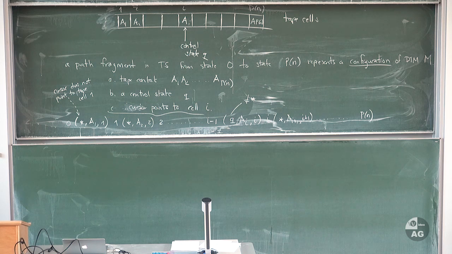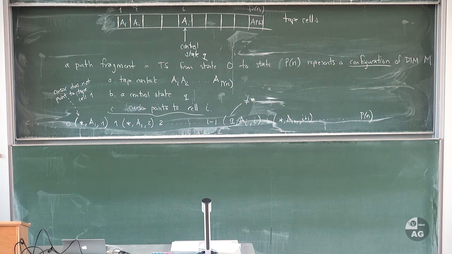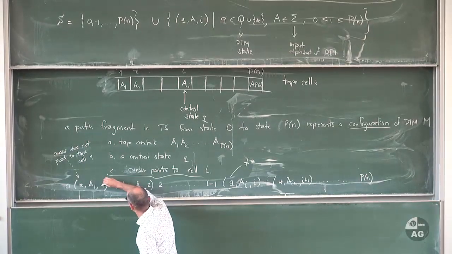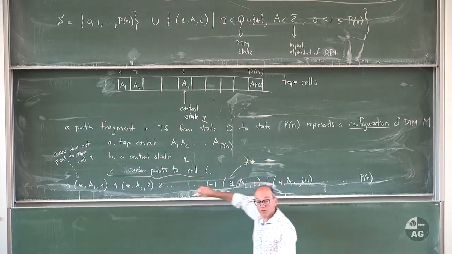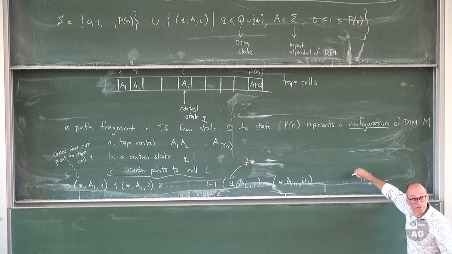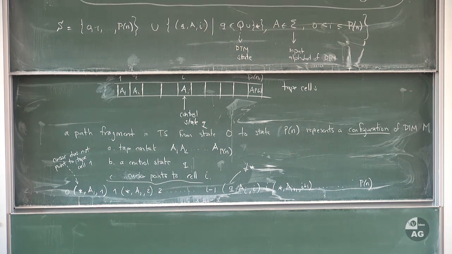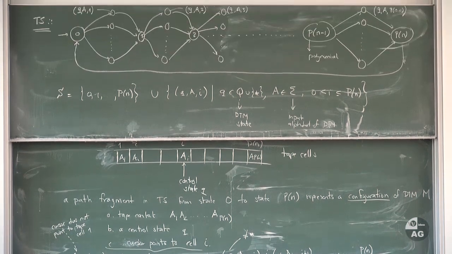There might be a mistake in the second to last state. Maybe it should be P(n) minus 1? No, I don't think so, because left from 1 there is 1, left from 2 there is 2, so left from P(n) there must be P(n), is my reasoning. No, it's a bigger state. Just label it P(n)-1. Yes, it should actually be P(n) minus 1.